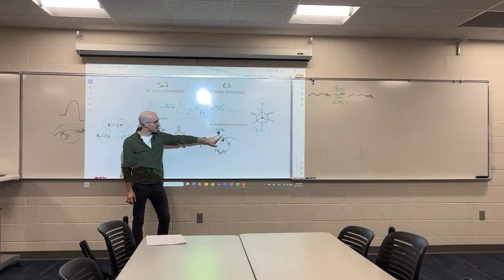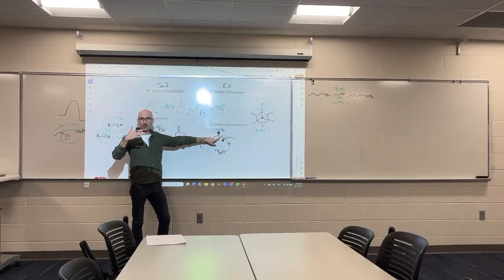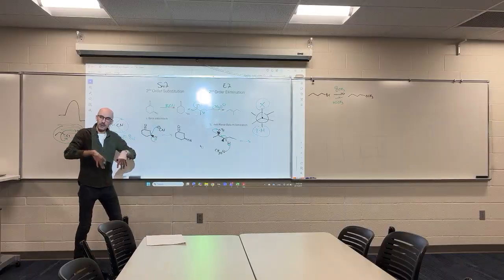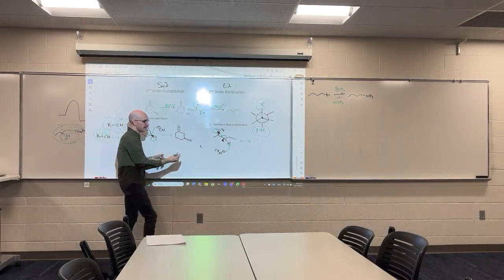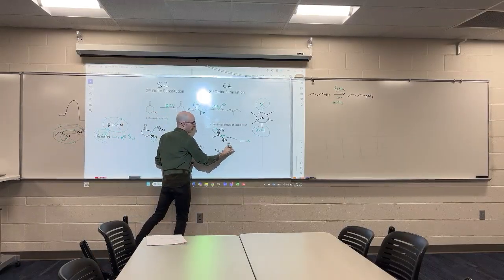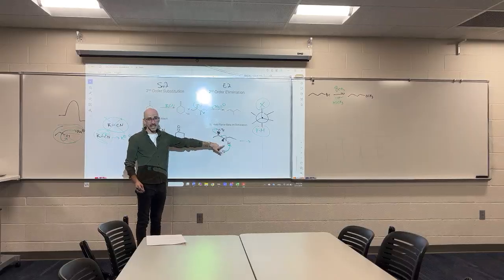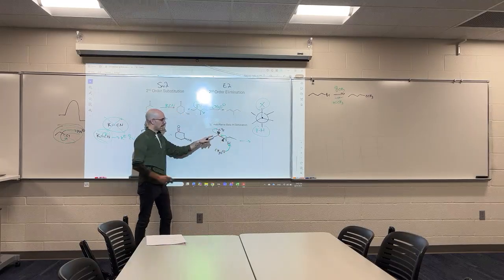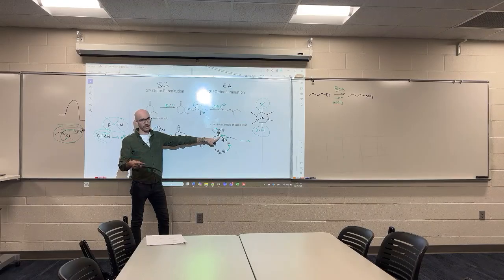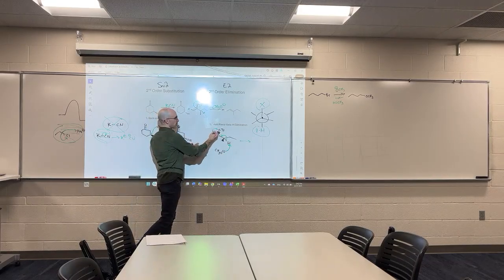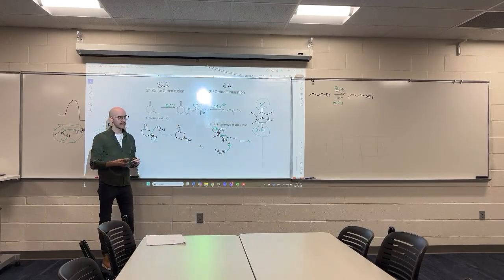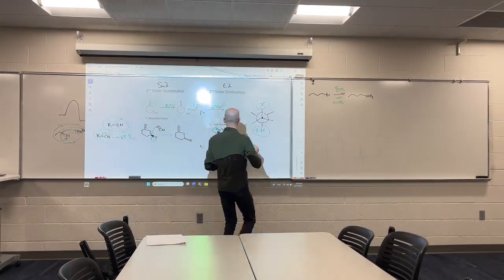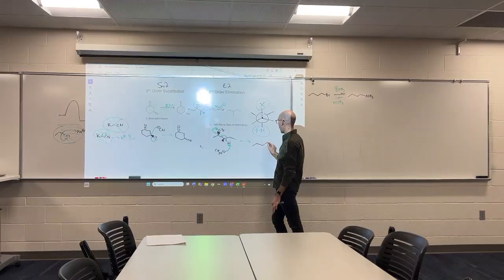Notice how it goes into the bonding region. We're going to go from a single bond to a double bond. I'll be honest, this is the way that I think of the flow. Base bumps into this molecule and takes a hydrogen. Carbon takes those electrons back and shares them with the other carbon. That pushes off OTs as a leaving group. That's the sequence that I think of those electrons moving in, but it happens all at once.